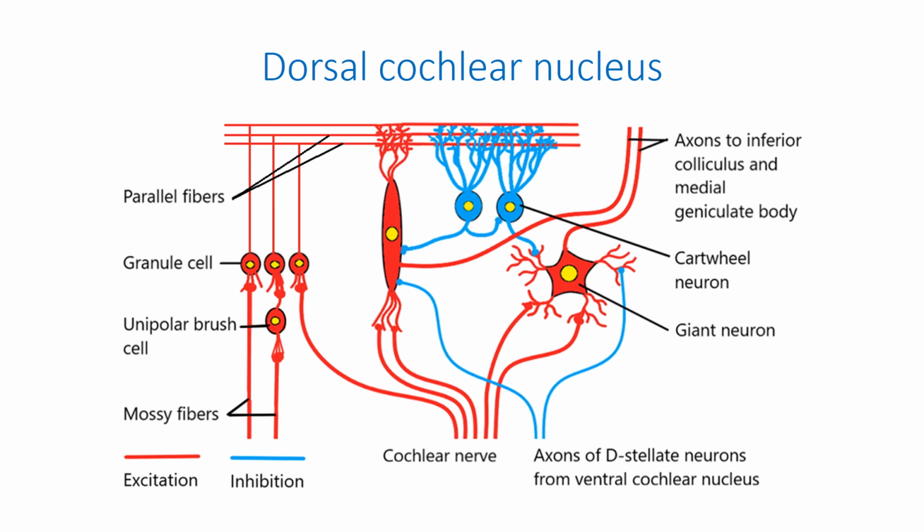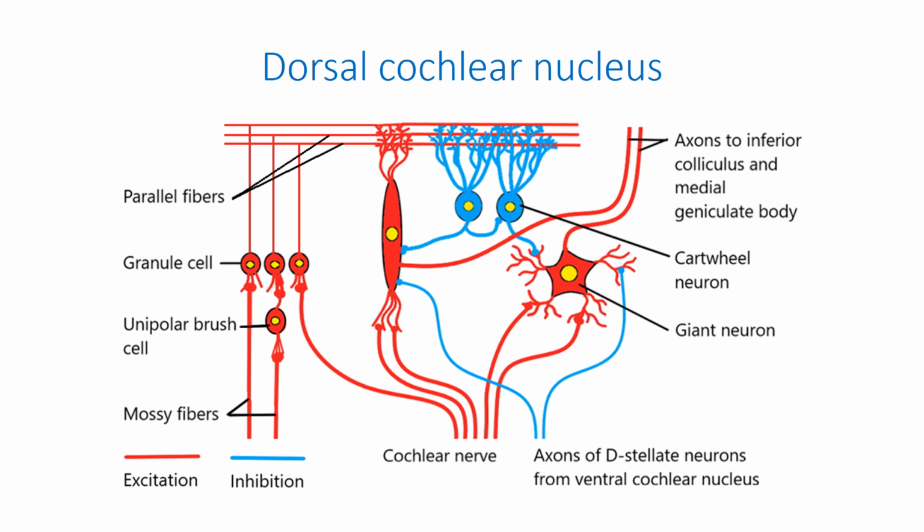Their axons ascend to the outer layer where they form parallel fibers, similar to those in the cerebellum. Unipolar brush neurons are interneurons that ensure feed-forward excitation from the mossy fibers to the granule cells.